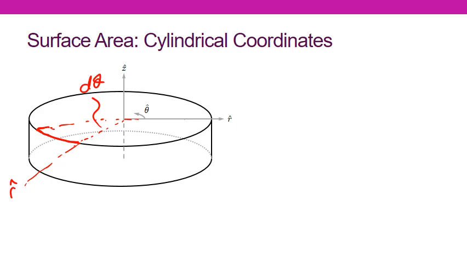So this would be some little piece here that has an arc length ds, and then this side would be dr, and so the little d area would be ds times dr, just as before, and just as before, ds is really r d theta.